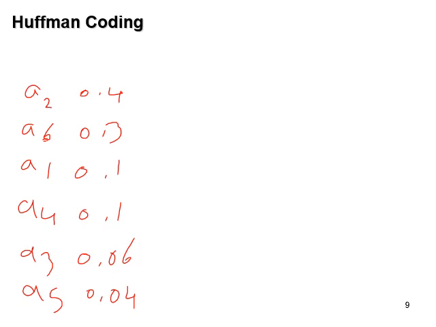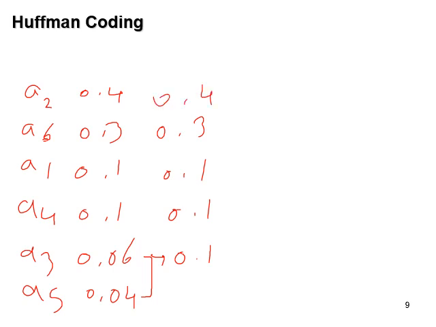After you sort them in descending order as done here, you start with the last two elements, the lowest two probabilities, and you add them up. When you add 0.06 plus 0.04, you get 0.1. Now, when you add the last two elements, you have to resort the list one more time. Given that 0.1 is already the smallest value, we just put it at the end of the table, and the rest will be the same. So this is the same 0.1, same 0.1, 0.3, and 0.4.